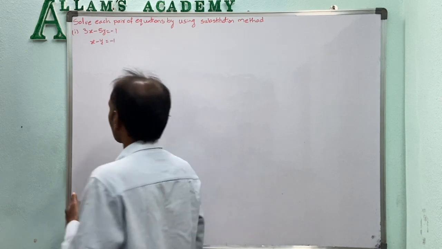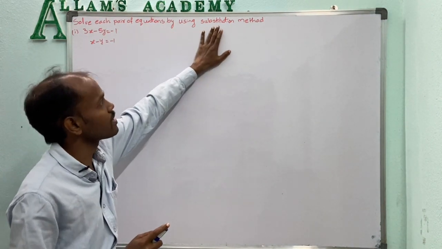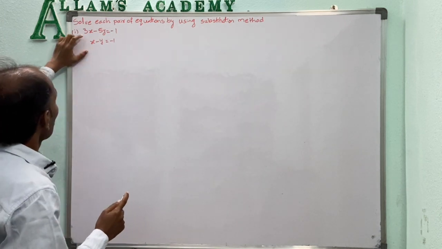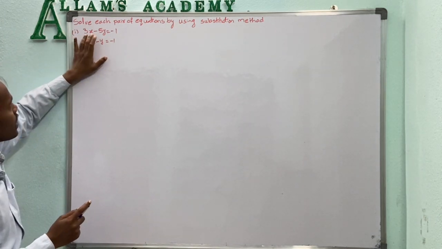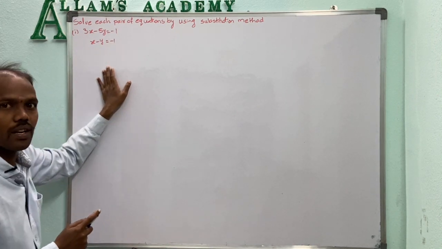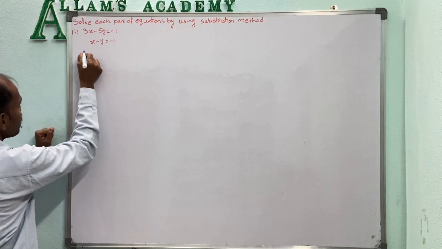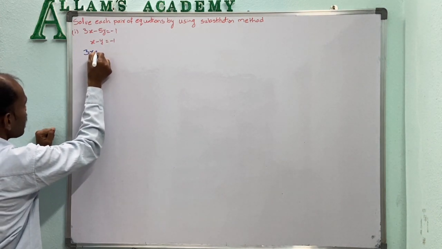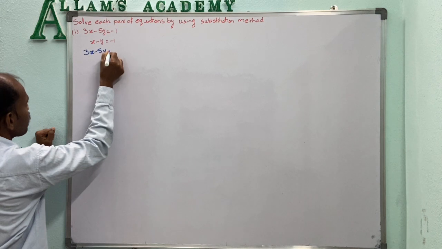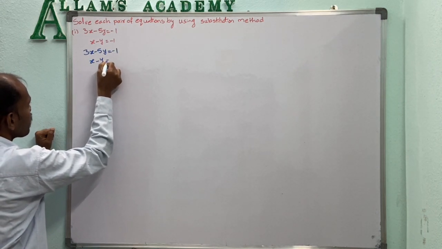For that, here is a given problem: solve each pair of equations by using the substitution method. The problem is 3x minus 5y equal to minus 1 and x minus y equal to minus 1. These are the two given equations. Now, we take any one equation and write it as x equal to, or y equal to.